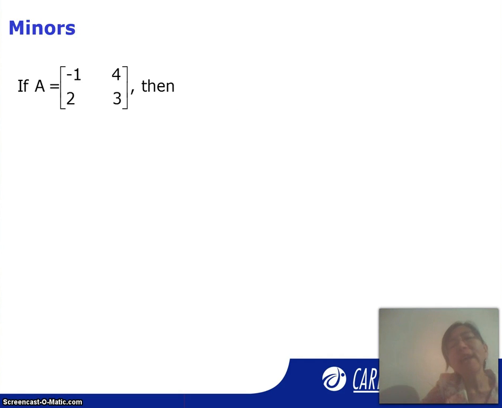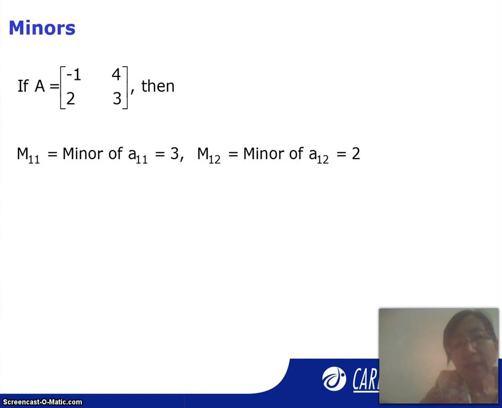Now we will consider the next question, minors. If A, this is a matrix of second order, minus 1, 4, 2, 3, then M11, this is the minor of A11, will be equal to 3.